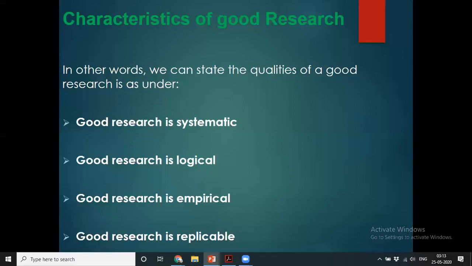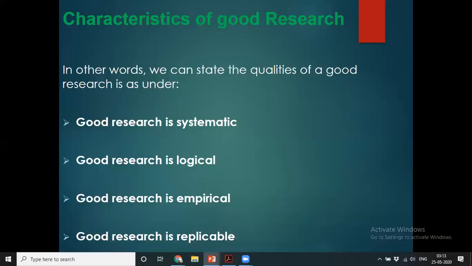So these are the characteristics of good research. These are the points you have to keep in mind while carrying out your research work, and which will help you to get a successful result. And by that you can easily publish the article, because whenever you send the article to the journal, they look at these things: the systematic manner, the logical thing, the empirical thing, and the replicable thing. Why am I stressing replicable?